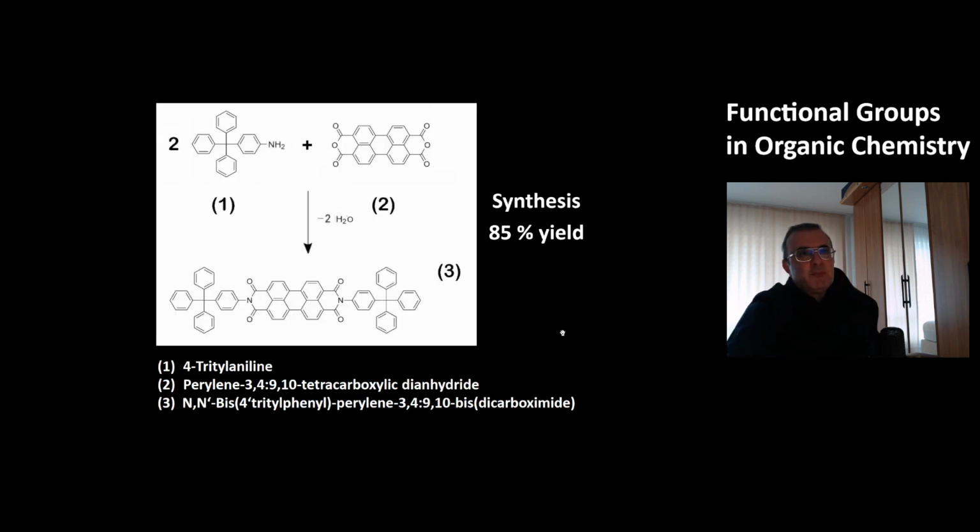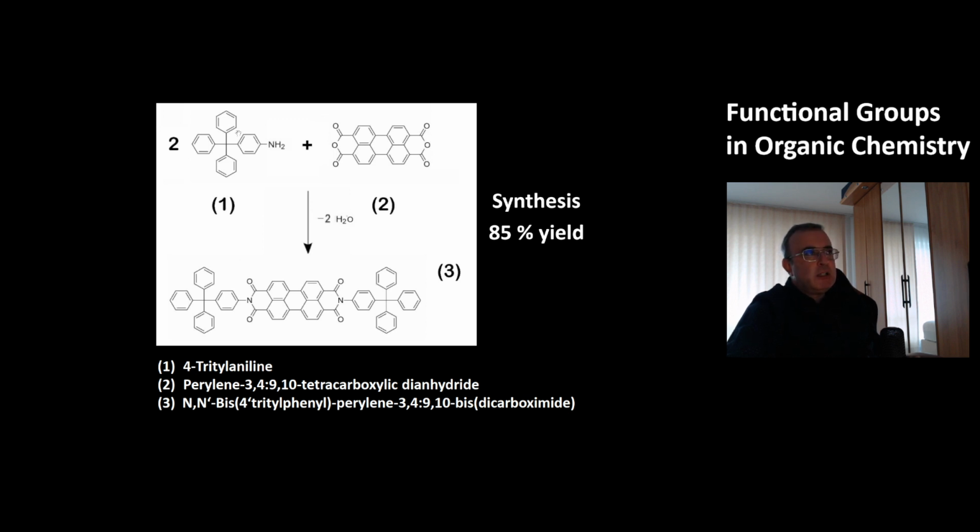This is how you make this molecule. You start with 4-trityl-aniline. Trityl is this group, triphenylmethyl. Aniline, you need two of those molecules, and you need one molecule perylene-3,4,9,10-tetracarboxylic dianhydride. And this numbering system starts here in the middle, 1, 2, 3, 4. That's why it's 3, 4, 5, 6, 7, 8, 9, 10. 3, 4, 9, 10.